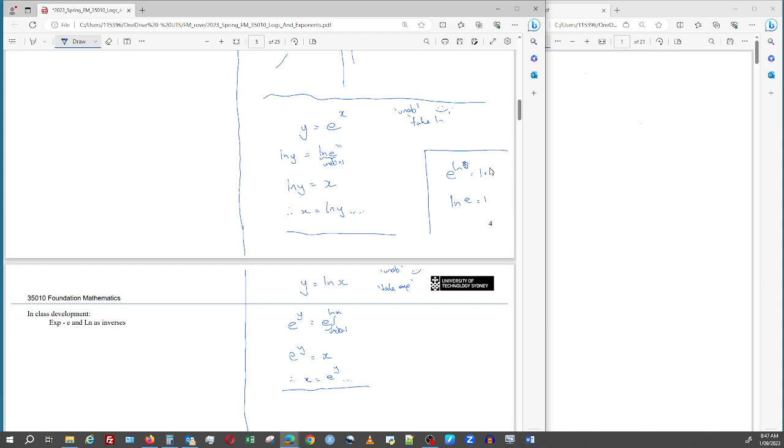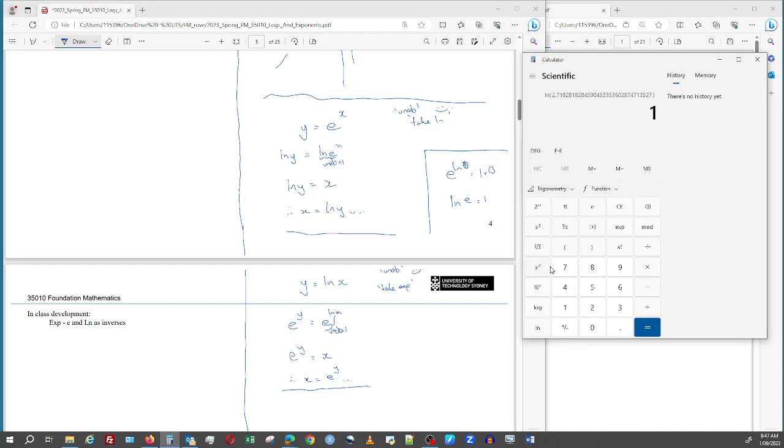All right, so it'll leave you with whatever's there. So if I took the ln of 2 and raised it to the power of e, I want that the other way around, don't I? I want e to the power of ln of 2.